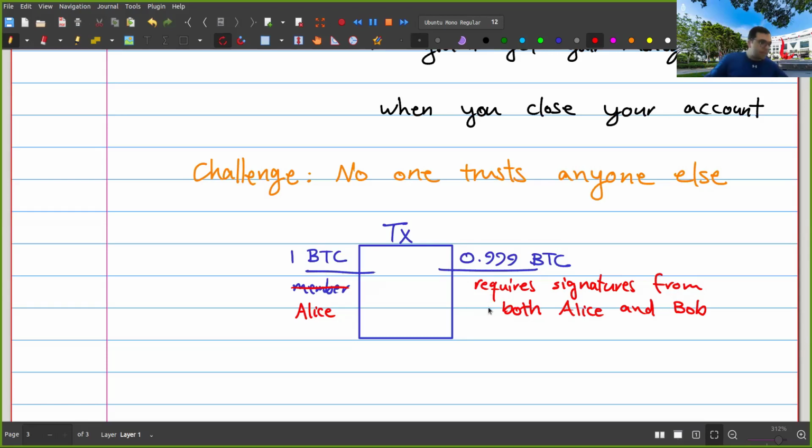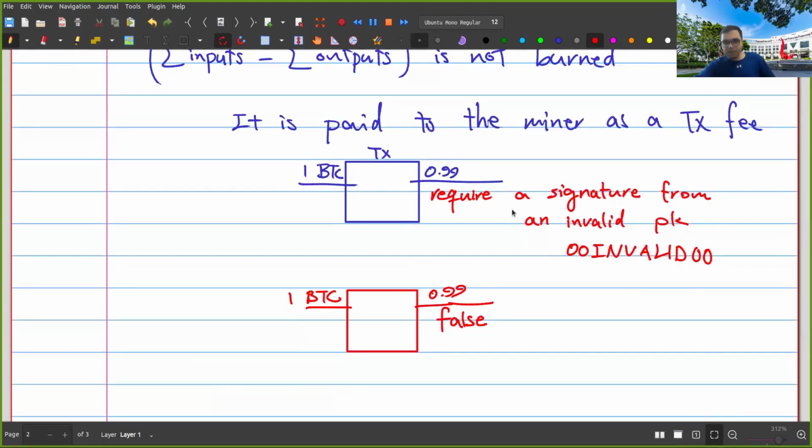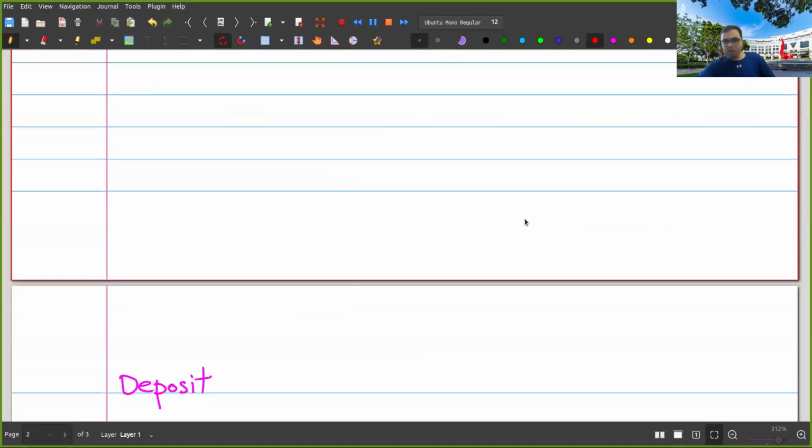But we still have a problem here. And the problem is that Bob can basically take the money hostage. Bob can say, I don't sign. And if he doesn't sign, then Alice basically has all of her money stuck in this contract. And it's pretty much like the case where the money was burned.